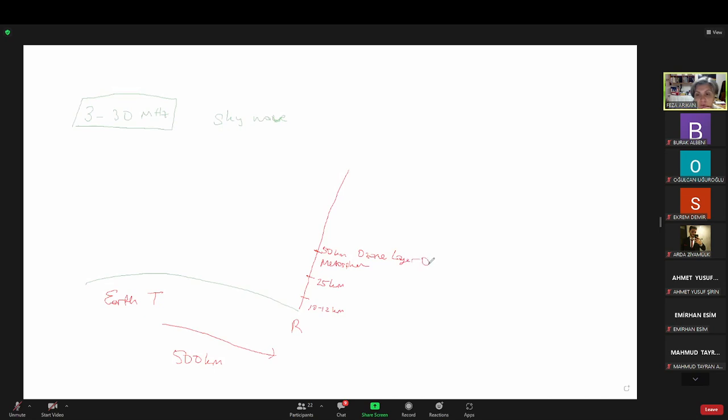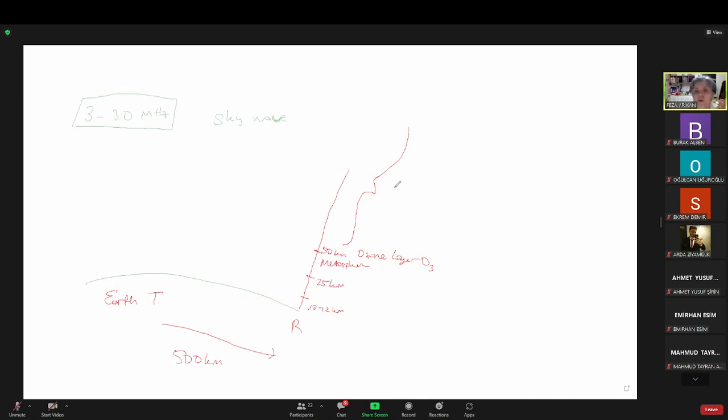The ozone layer, ozone is O3. The ozone layer protects you from these sun rays, but the atmosphere above it, which is quite dispersed, the gas, is unprotected.